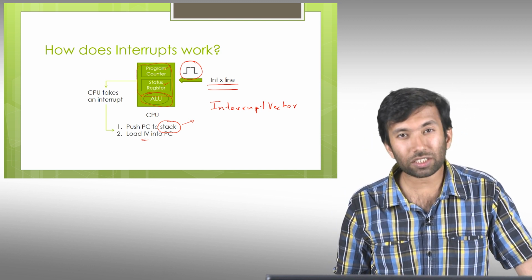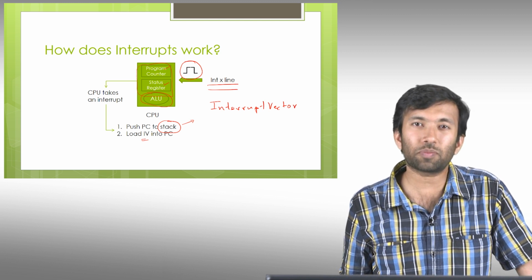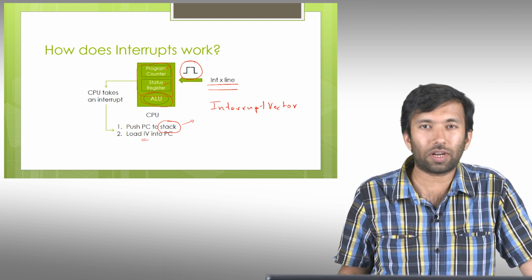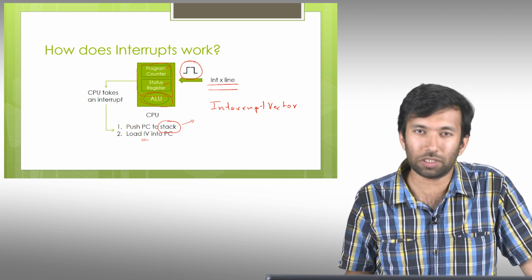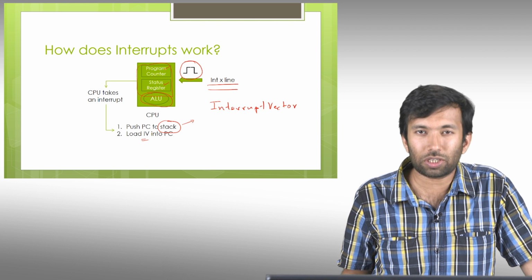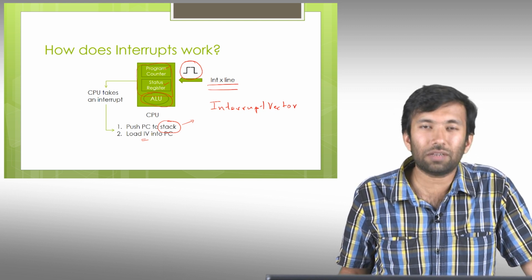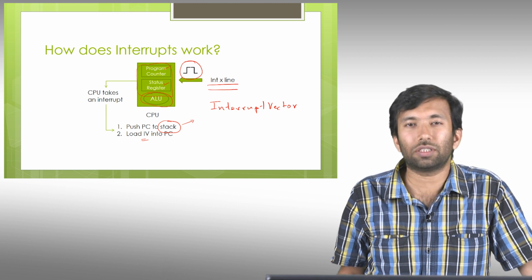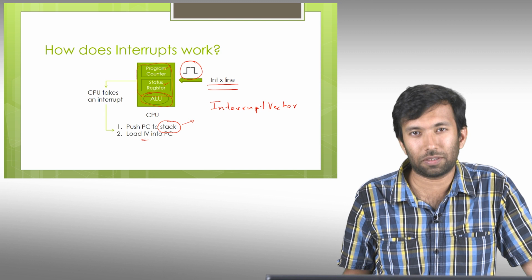What does redirection of execution of the CPU mean? That means you are trying to run a different program. If you are trying to run a different program, then that program has to be somewhere in memory, so it has to have an address. The interrupt vector stores the address of that particular program that you will run when you take an interrupt.